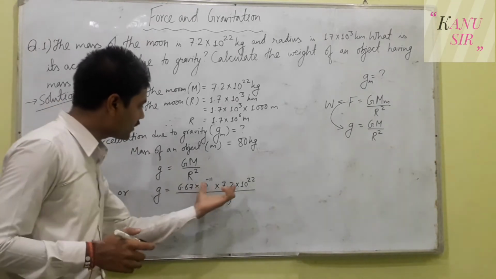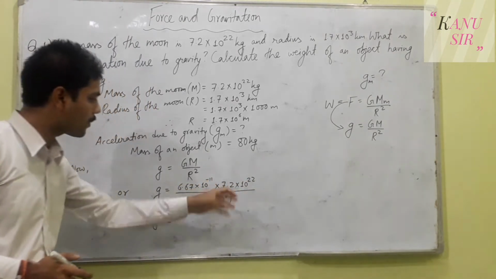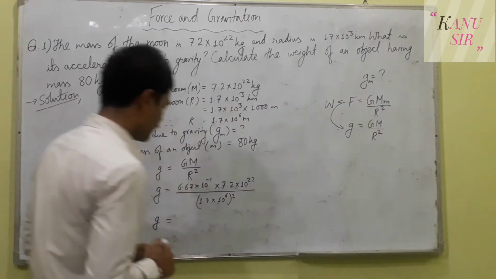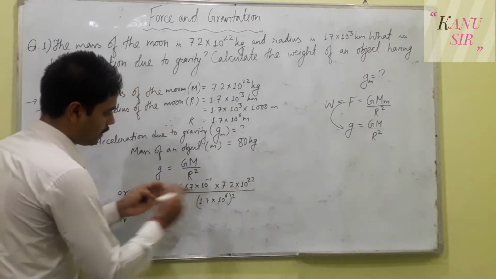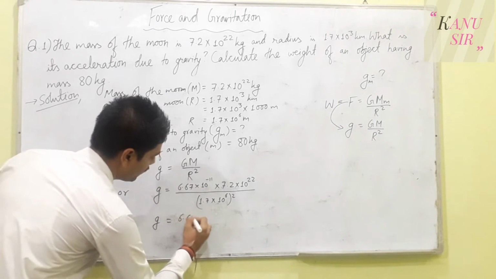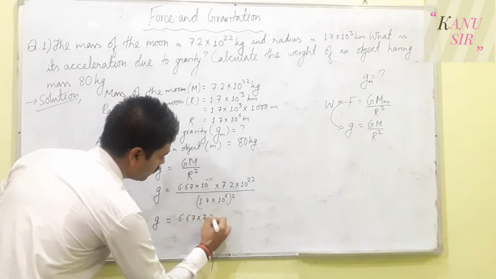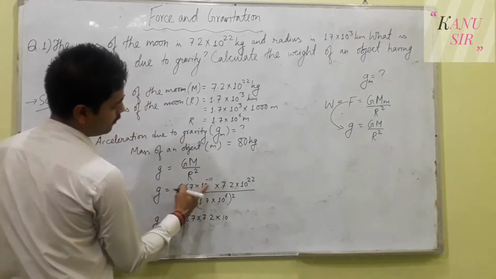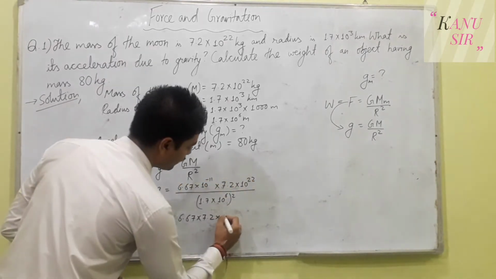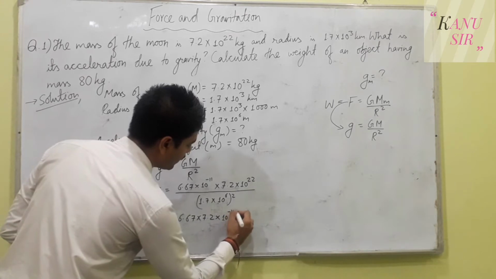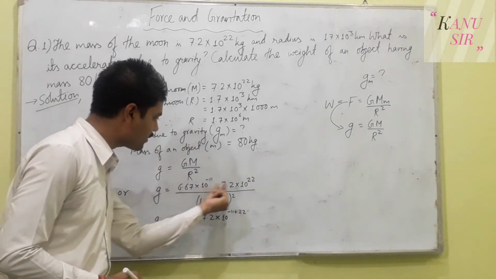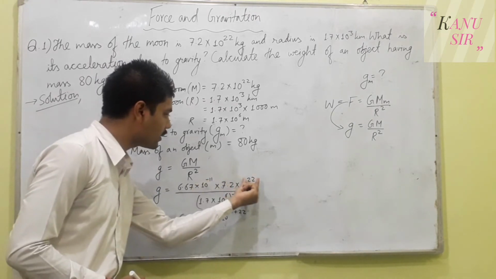Now while solving this complex type of multiplication, I will suggest you separate the terms. You can write 6.67 into 7.2 on one side, and the powers of 10 can be kept on the other side, like 10 to the power minus 11 plus 22. By the law of indices, if the bases are the same, we can add the powers.